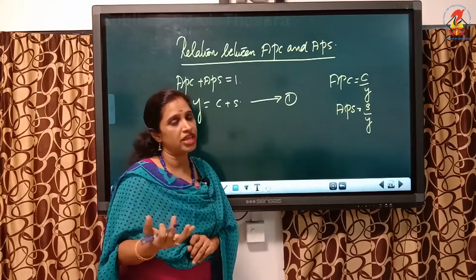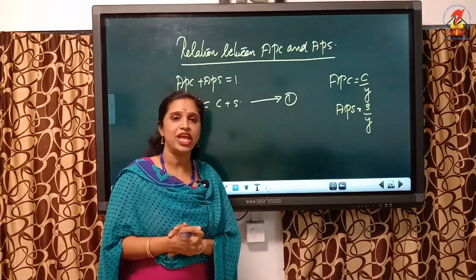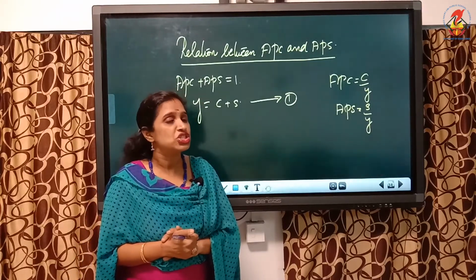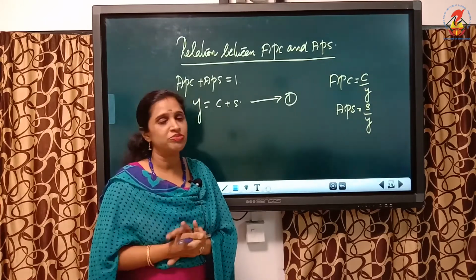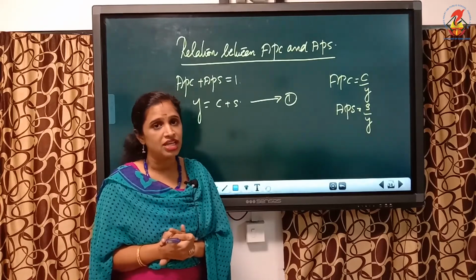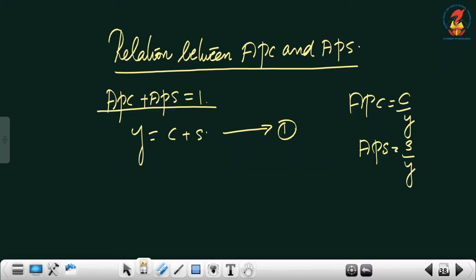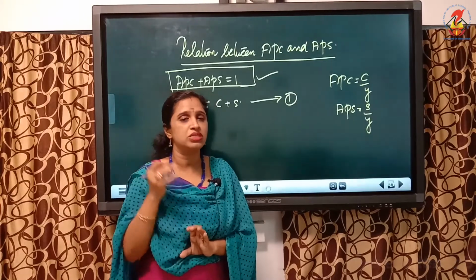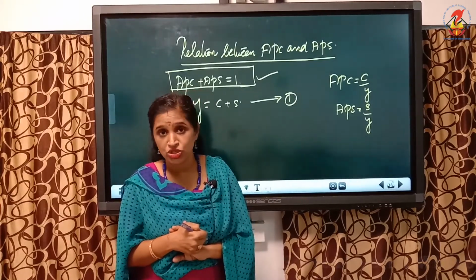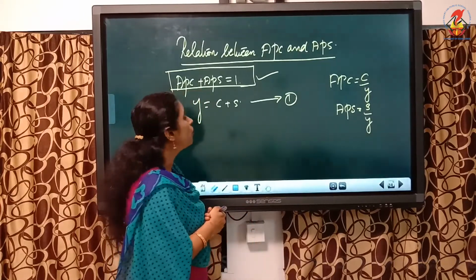So how much is saved from the income? That is APS. Now what is the relationship between APC and APS? The relationship between APC and APS is that APC plus APS is equal to 1. To be noted, the sum of APC and APS is equal to 1.